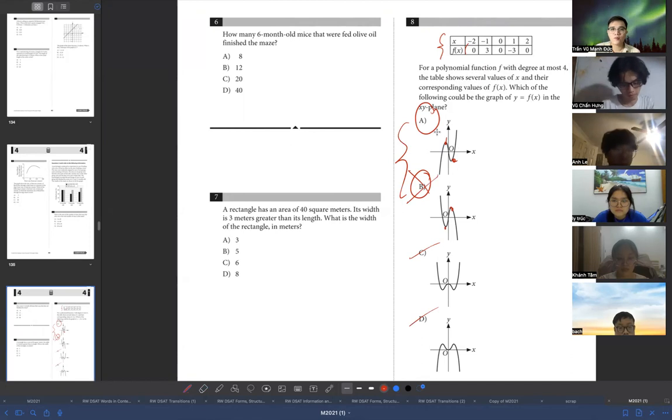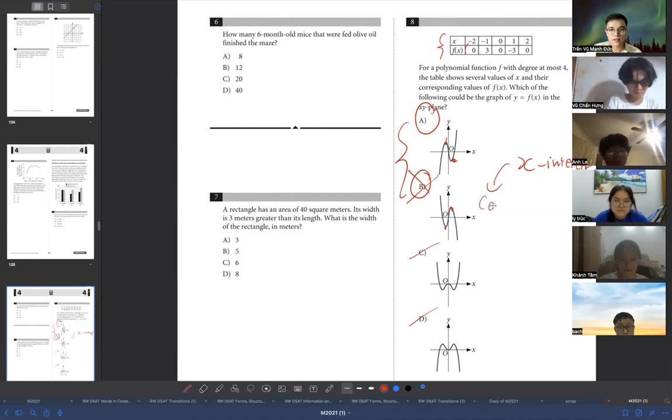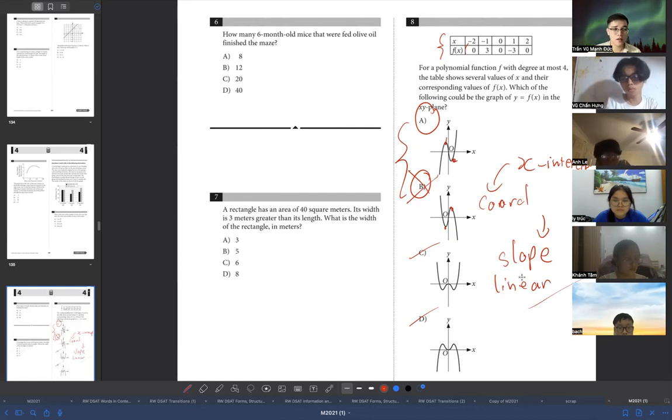Next, it's very simple. When it comes to detecting graphs, when they give us a table of values, firstly you find the x-intercepts. Secondly, we look for the coordinates, and if possible, we find the slope if they're asking for the linear equation, since linear is a line.